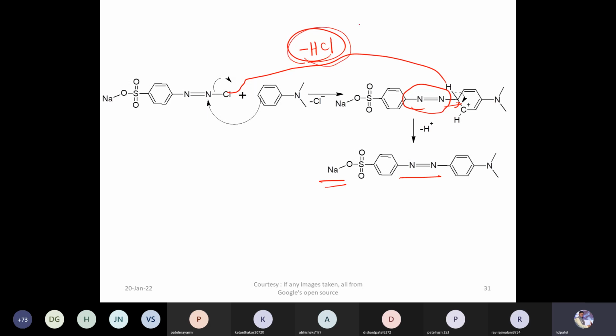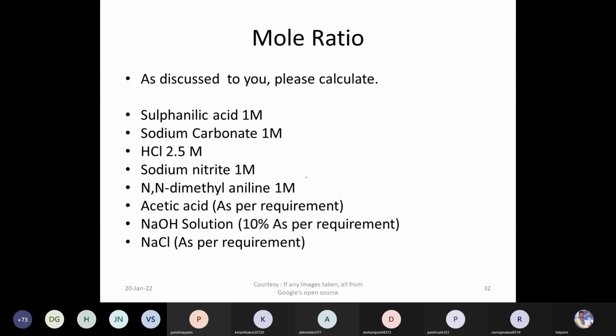Throughout the reaction, a highly acidic condition is there, so these will be converted into SO3H. But after completion of the reaction, we have to add NaOH and convert it into the sodium salt. This is a hidden part of the reaction, but actually we have to perform it, and we will get the sodium salt.